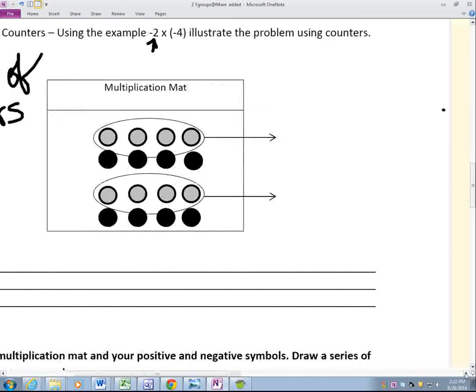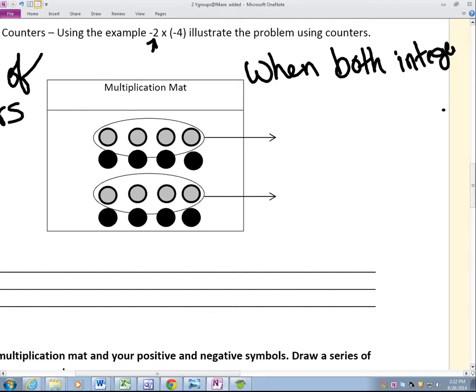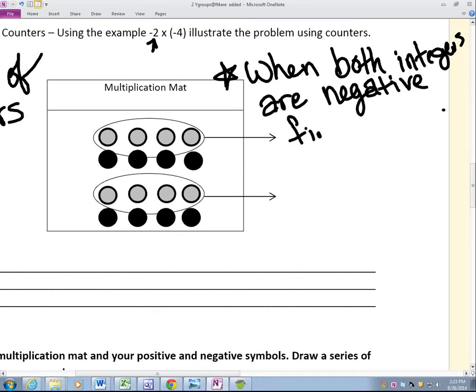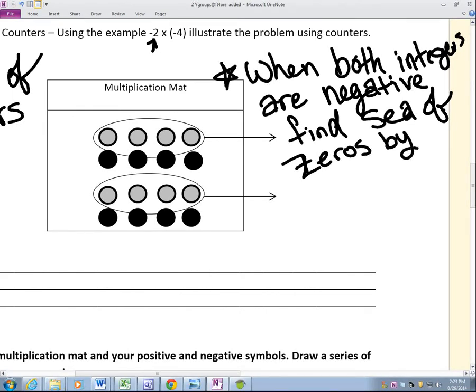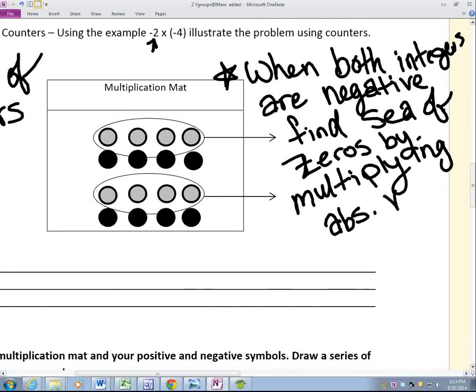So over here, I would like you to write, when both integers are negative, find the sea of zeros by multiplying absolute value.